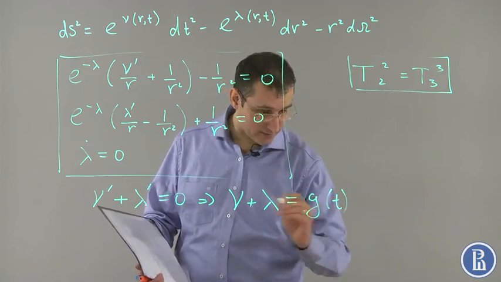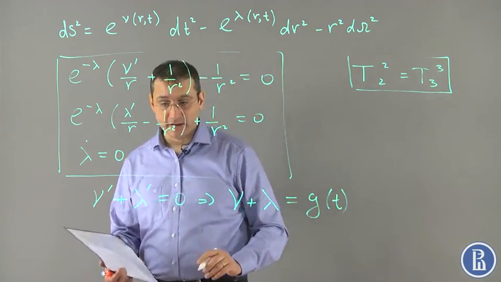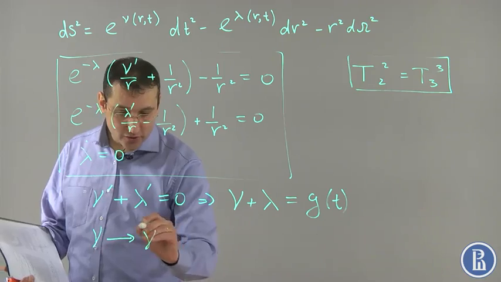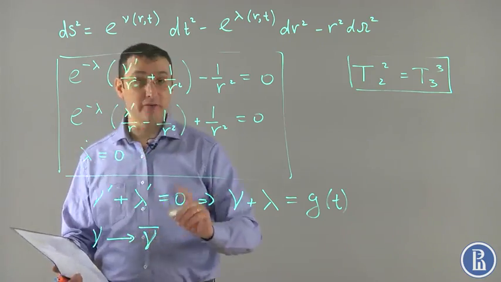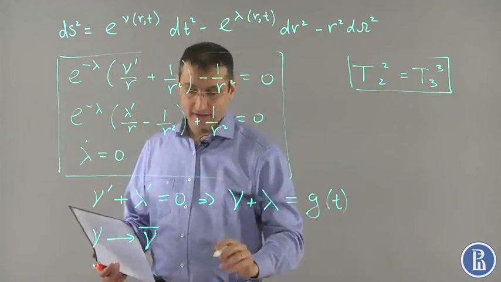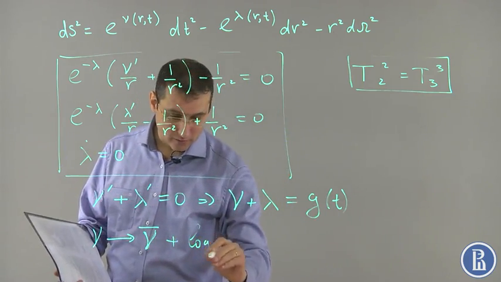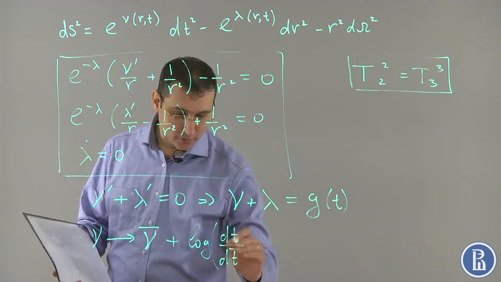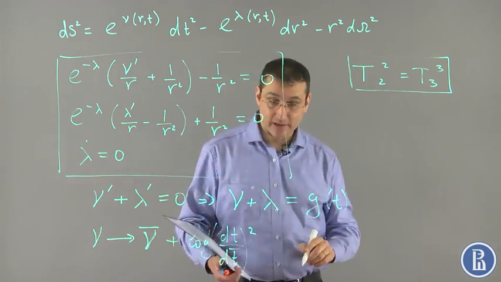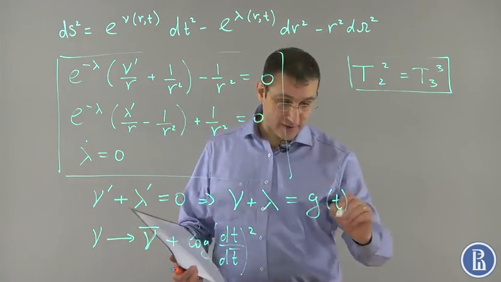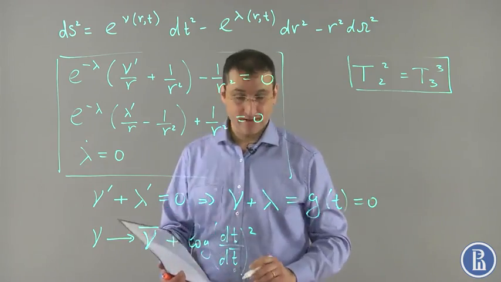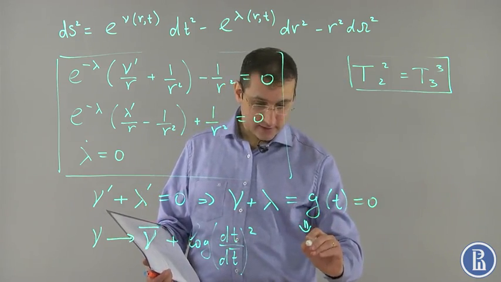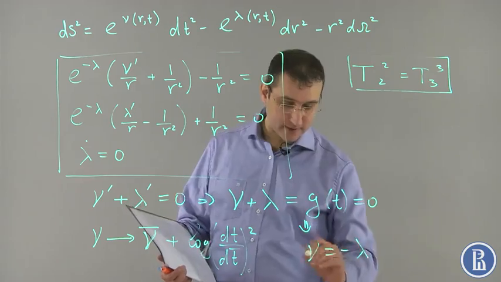But remember that we have a remaining symmetry, which respects this form of the metric, that nu is changed to nu bar plus log of (dt over dt bar) squared. Using this symmetry, one can fix this function to be 0. Then, as a result, we obtain that nu equals minus lambda.